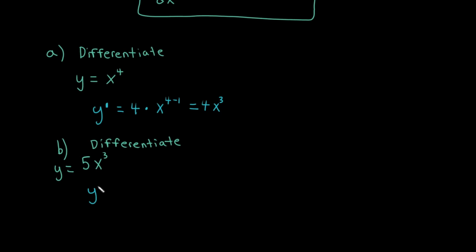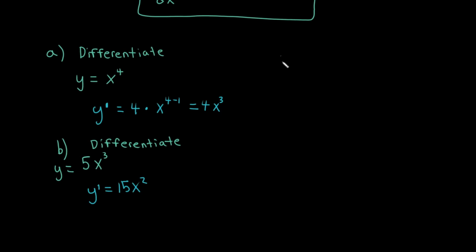Y prime is equal to, and we bring down the power, we multiply it. So 3 times 5 is 15, and we subtract the power by 1. So we write x cubed, but we subtract the exponent by 1, so it becomes 2. So this is the derivative, 15x squared.